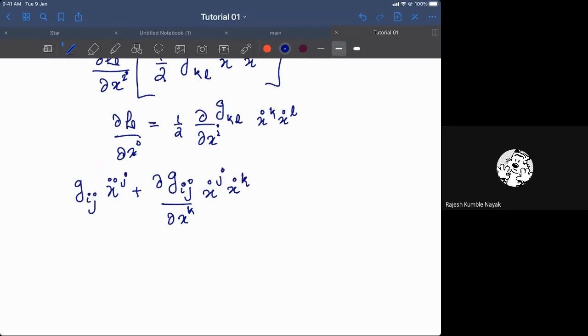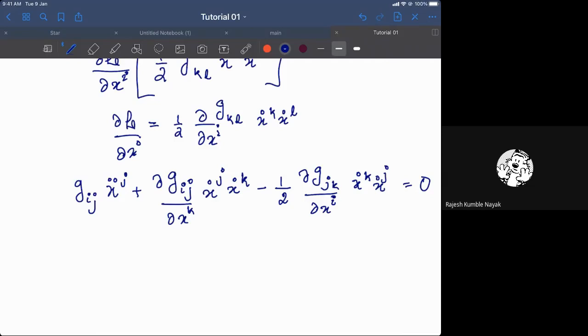The second term is coming from the differentiation of the Lagrangian itself with the generalized coordinate, which gives the derivative of g_jk with respect to x_i times x dot k x dot j, and this should be equal to 0. Okay, so far so good. It is just algebra.